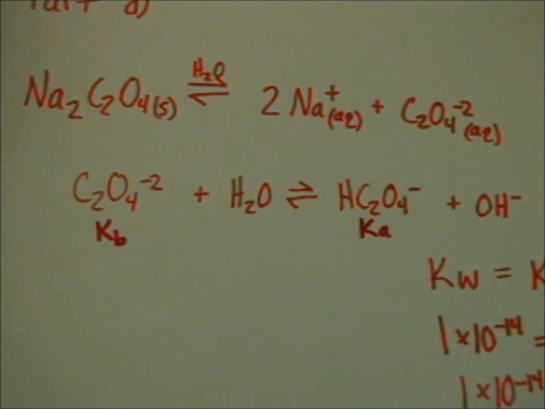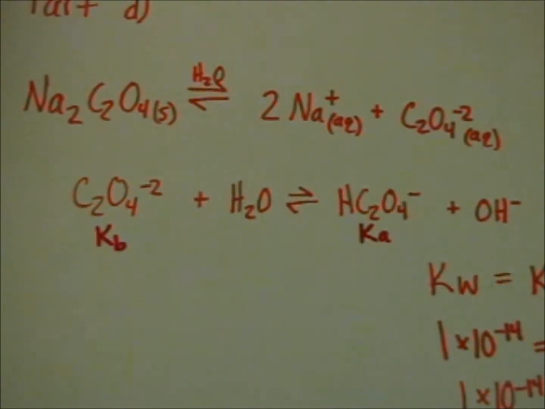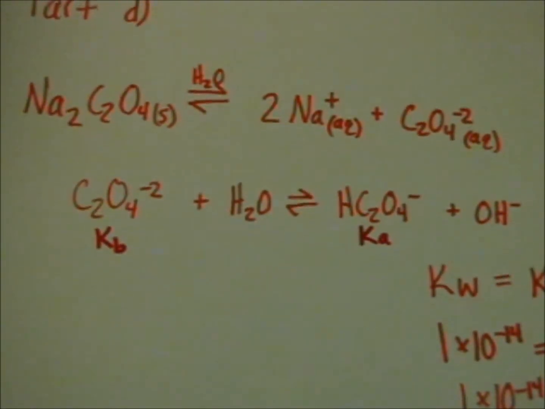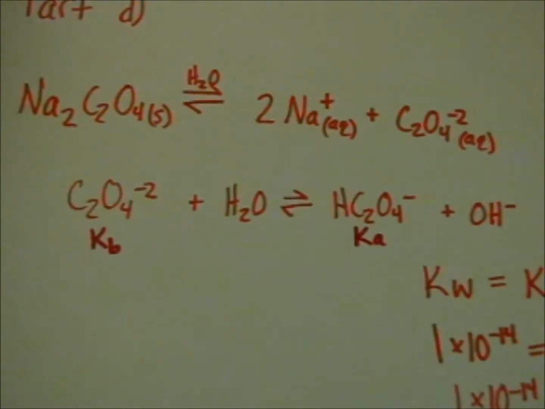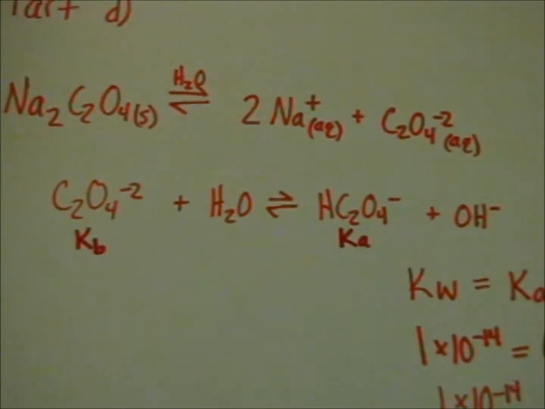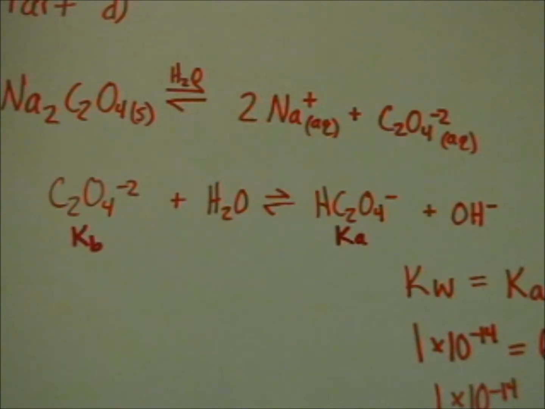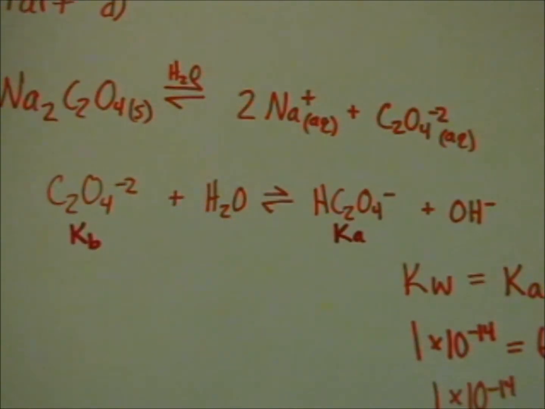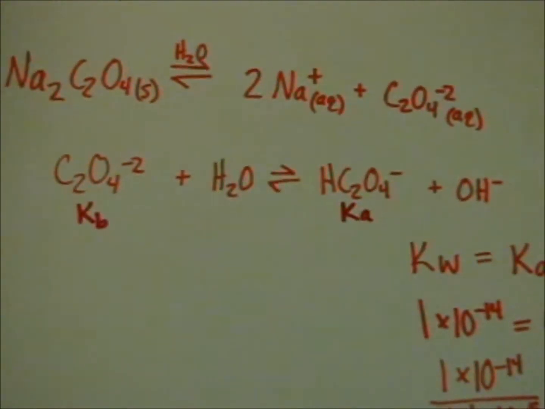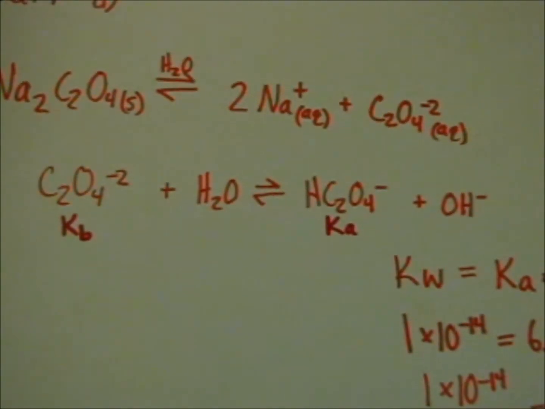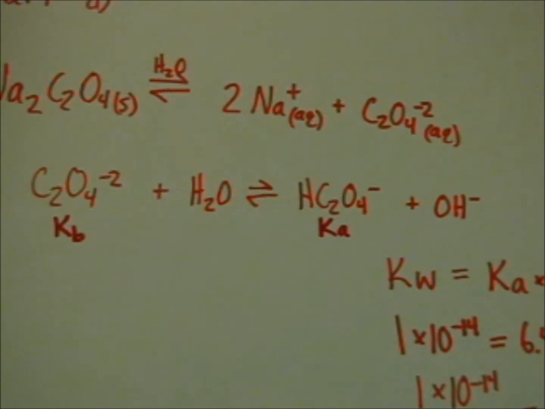In this equation, the HC2O4 negative acts as an acid as it donates a hydrogen to the C2O4 negative 2, and the C2O4 negative 2 acts as a base as it would accept the hydrogen. Therefore, the HC2O4 negative will give you the Ka, and the C2O4 negative 2 will give you the Kb.